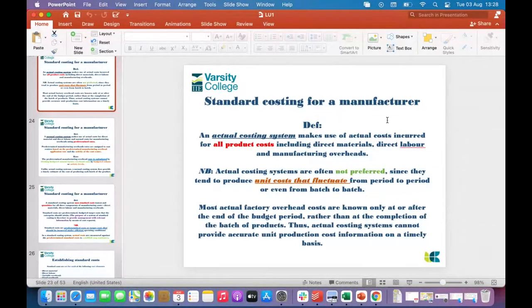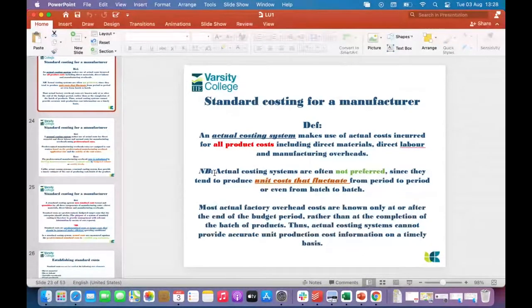Okay, standard costing for a manufacturer. Actual costing system makes use of actual costs incurred for all product costs, including direct materials, direct labor, and manufacturing overheads.